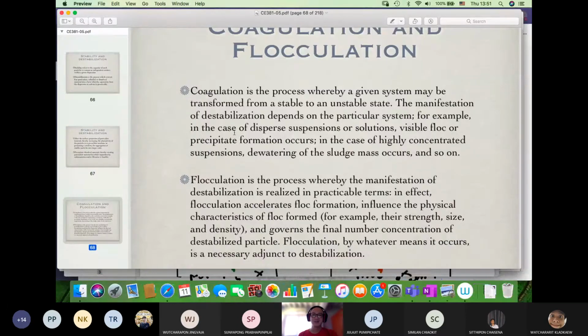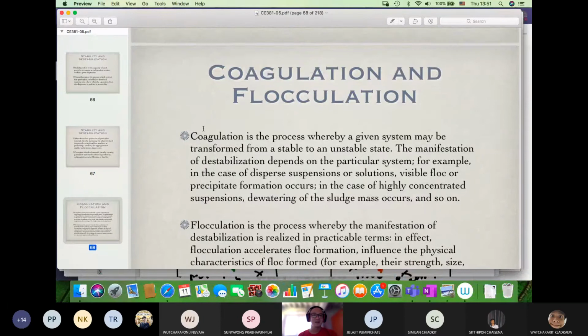Okay, I'm talking about the slides here. You can have a look at the slides in the CE 3H1 room, in the file named CE 3H1 05. This is a big chapter about the water treatment process.